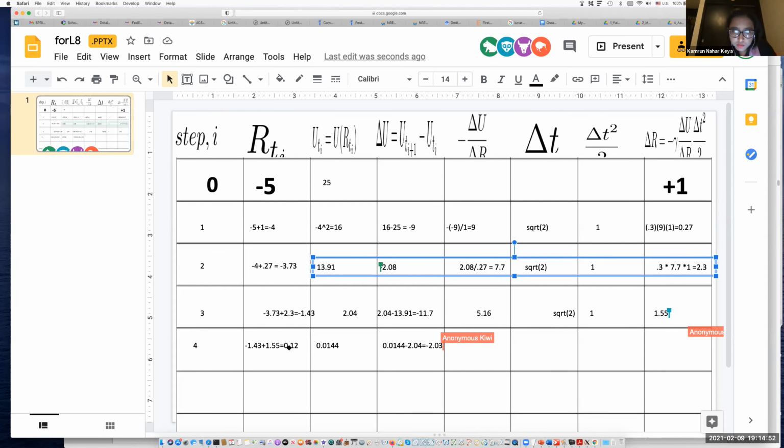Then after that, again space, 2.03 divided by delta R, that means the previous one, 1.55. It should be 1.31.